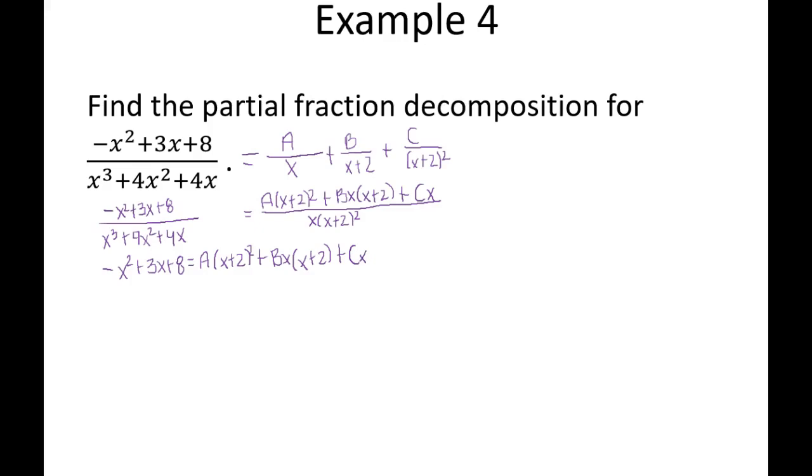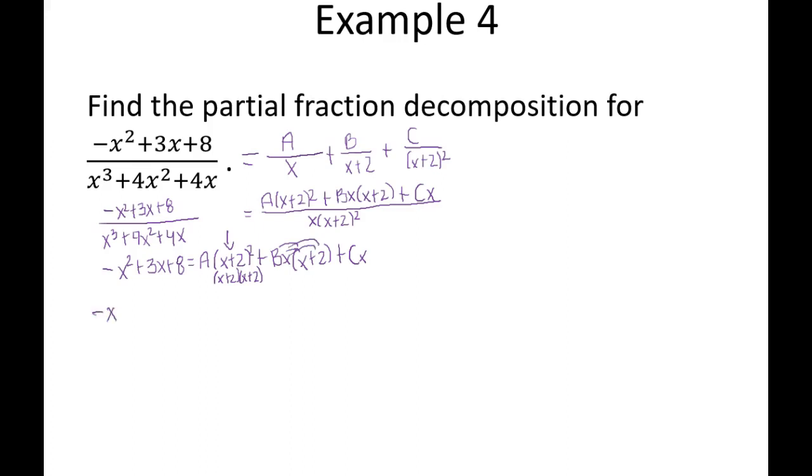All right, now I am going to expand the x plus 2 squared right here, because remember this is really x plus 2 times x plus 2, so it's not going to give me x squared plus 4. And then I'm going to distribute both the b and the x into the parentheses here, at the same time.